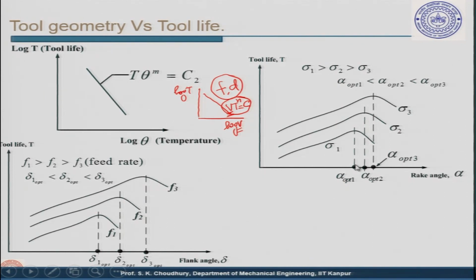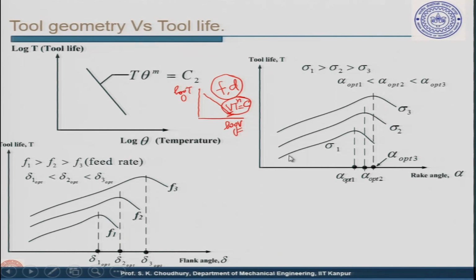Now, suppose this is the curve that has been taken for a particular strength of a material. If the material is stronger, let us say this is sigma 1, and another material has strength sigma 2, where sigma 2 is less than sigma 1, and sigma 3 is even less than that.